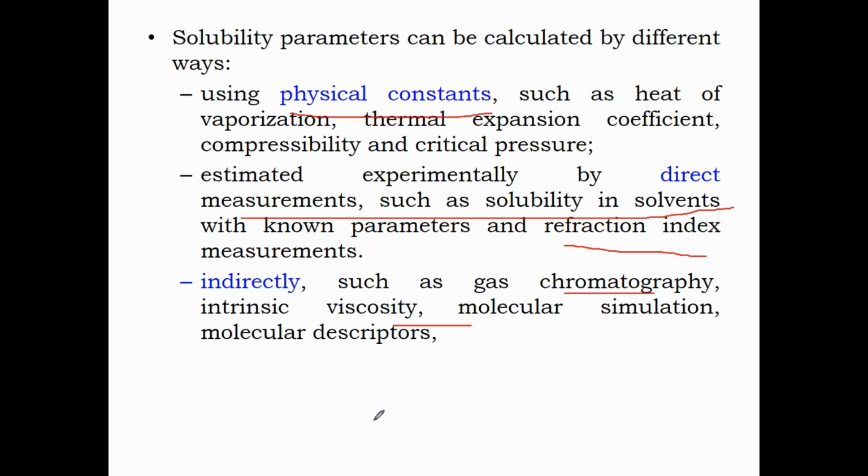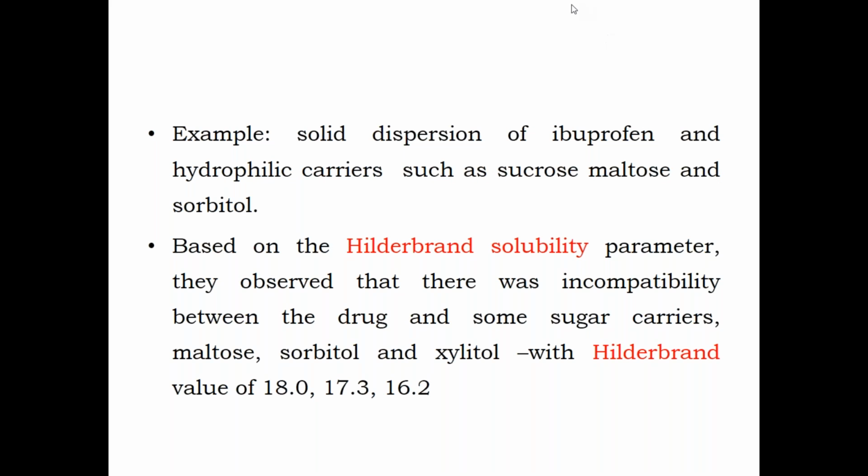Okay, so this delta value can be estimated by various approaches. So it's not required for us to go into detail. Now, as one example to make you understand how this value can be utilized: this is one experiment they carried out with the drug ibuprofen.